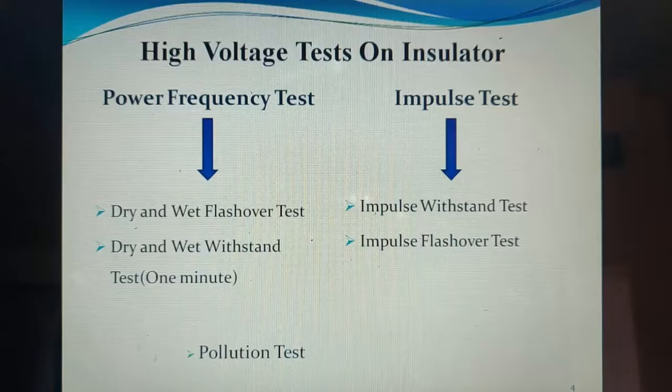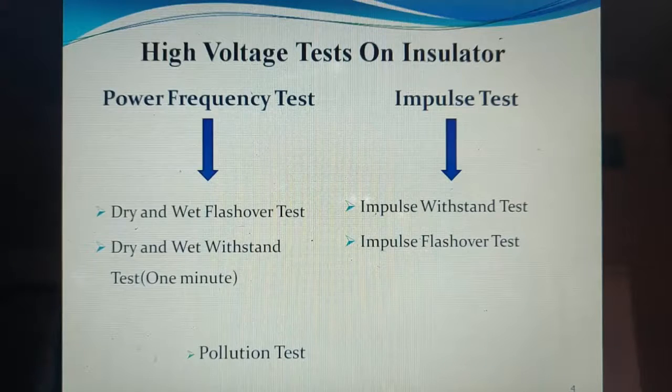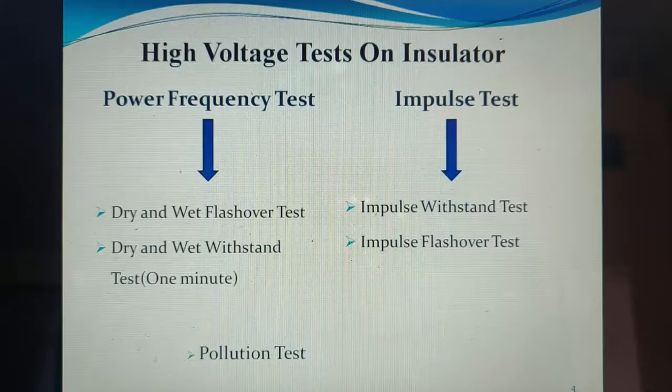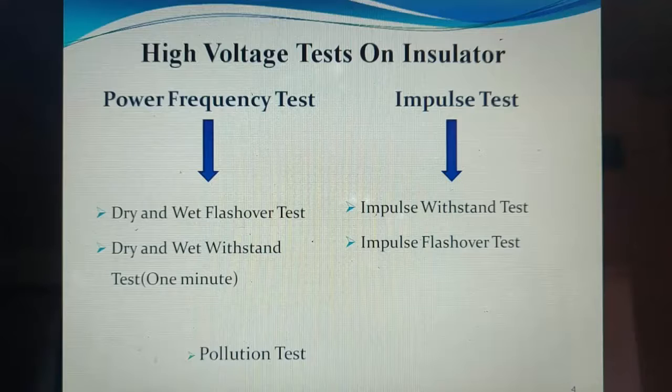In this test there are two types: dry test and wet test. If the test is conducted under normal conditions without any rain precipitation, it is called the dry flashover test. Without rain, it is called the dry test. The wet test is under rain conditions and is called the wet flashover test.